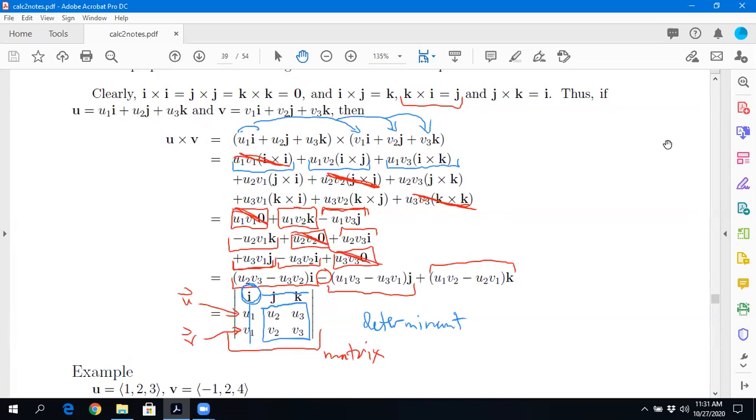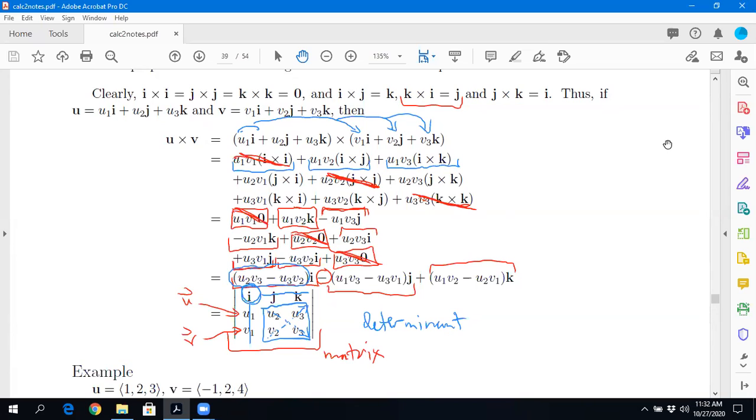Then you go down like this, U2, V3, from upper left to lower right, and you subtract the diagonal that goes from lower left to upper right. So U2, V3 minus V2, U3. Do you see that? U2, V3 minus V2, U3.